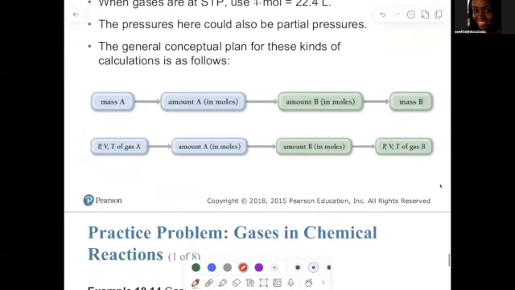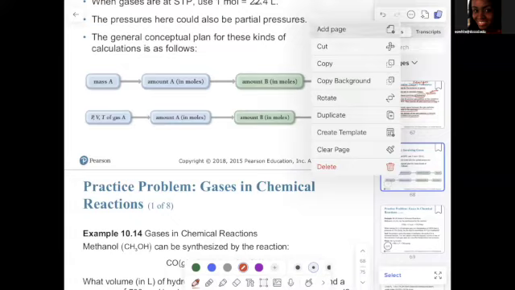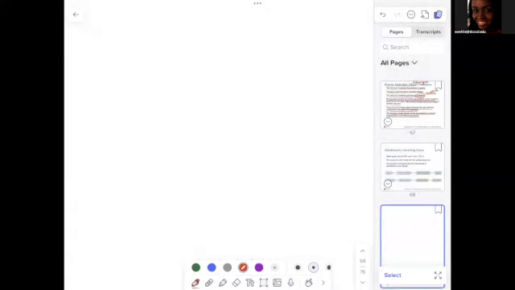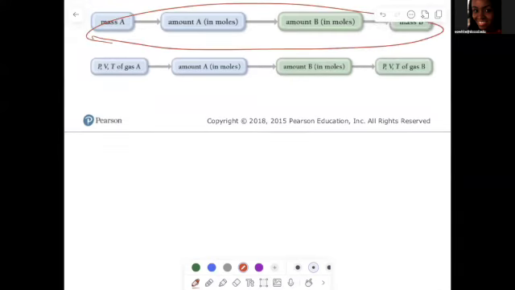Okay, this is reminding us of stoichiometry. Every time the author wants you to remember it, he shows you the mass to mass conversion. So the mass to mass conversion, that's what we have right here, right?